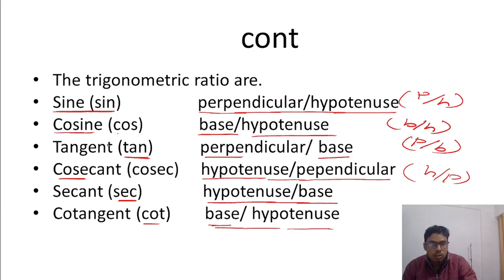For the others you take the reciprocal. Sine is perpendicular to the hypotenuse, so cosecant is hypotenuse upon perpendicular, just the reciprocal of sine. Similarly, secant is the reciprocal of cosine, that is, hypotenuse upon base.